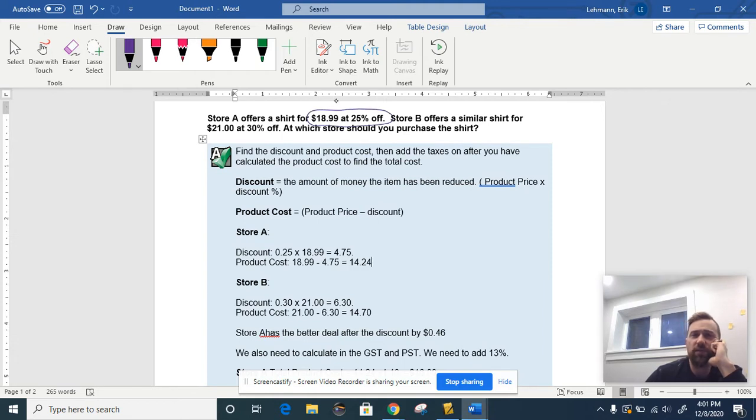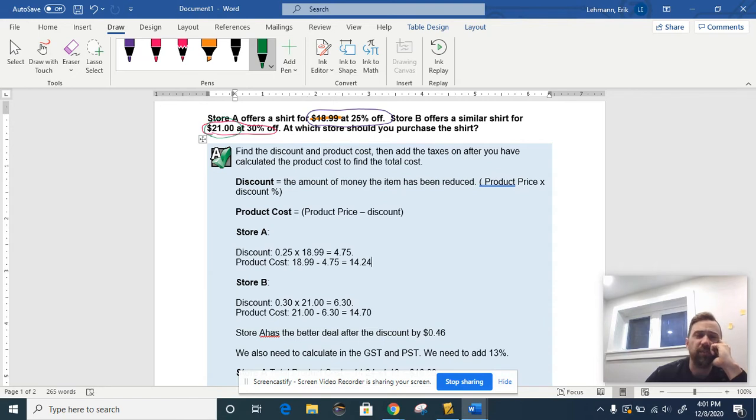Store B offers a similar shirt at $21 for 30% off. The second store has a bigger percentage than the first store, but the first store has a lower price than store B, which has it at $21. So we've got to figure out which is which.